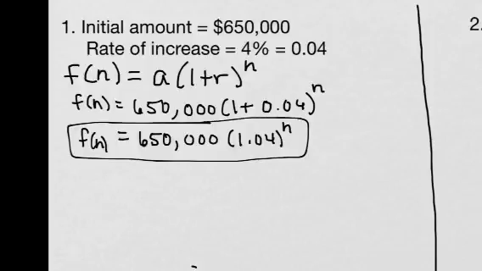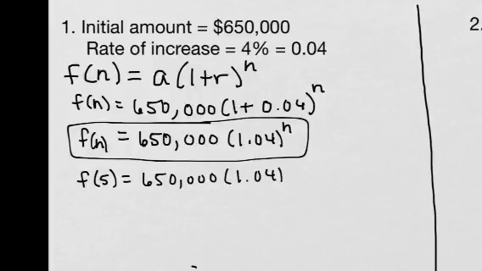Now they also want to know, find the annual sales after 5 years. So basically you replace the n with 5, because that's what they're looking for. How much they would be making at the 5th year, so this is to the 5th power.